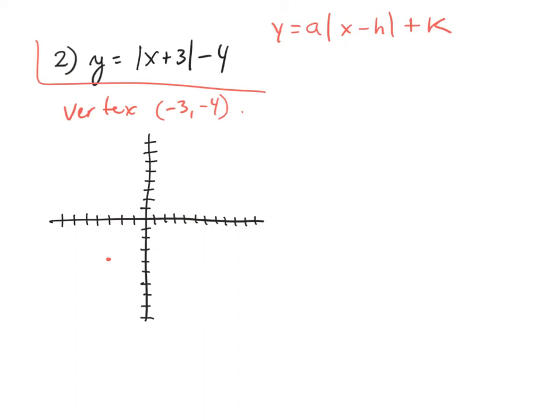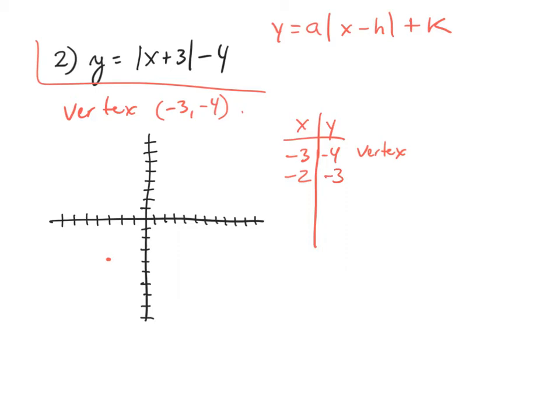And again, if I do the table, we already know we have the -3, -4. This is our vertex. So I'm going to pick -2. -2 plus 3 is 1, and 1 minus 4 is -3.